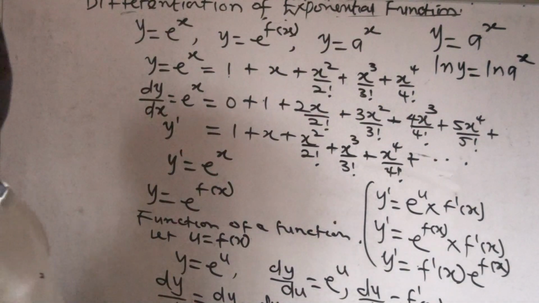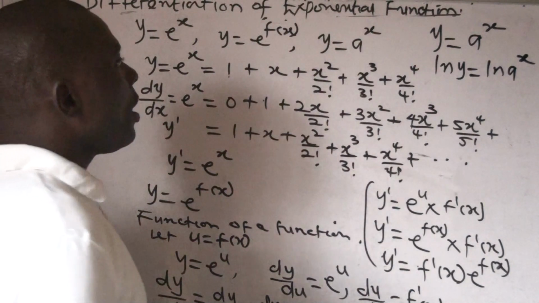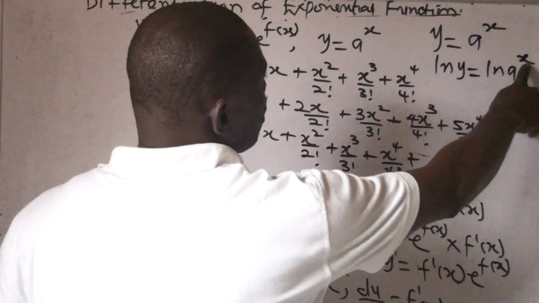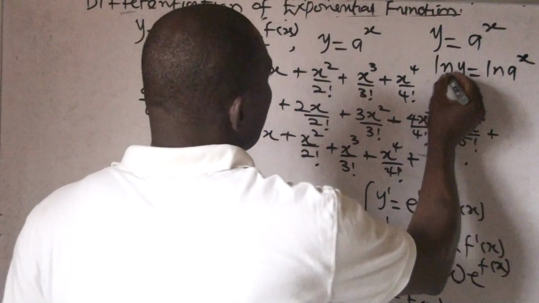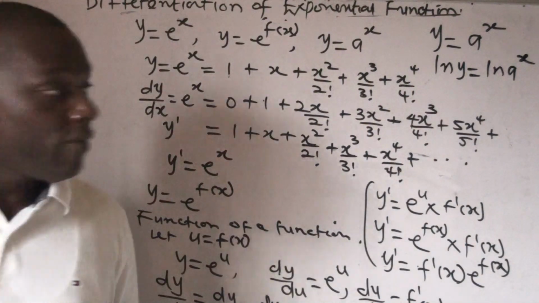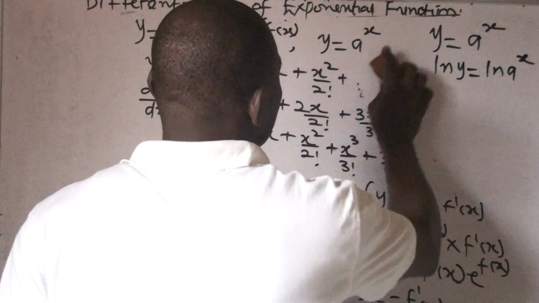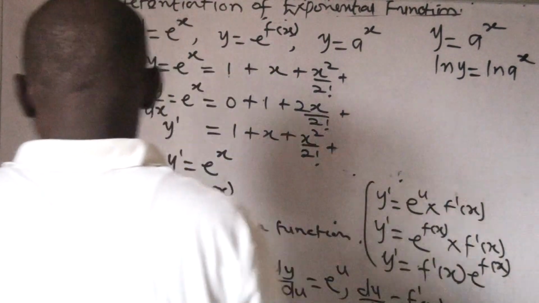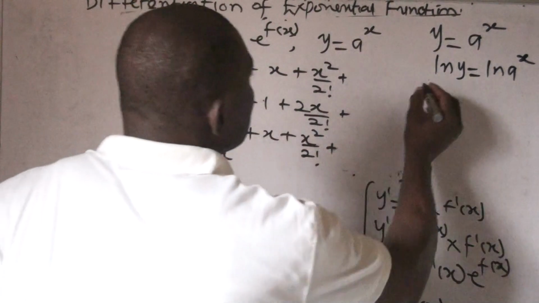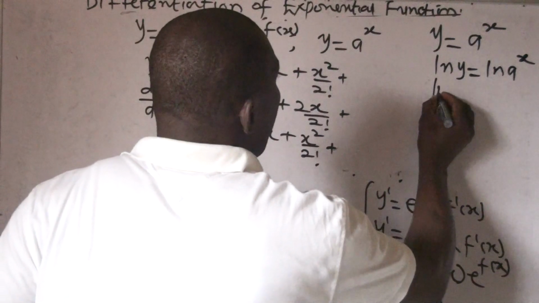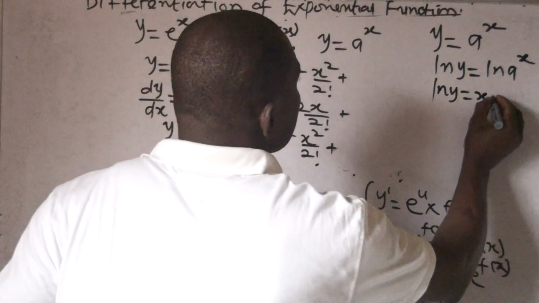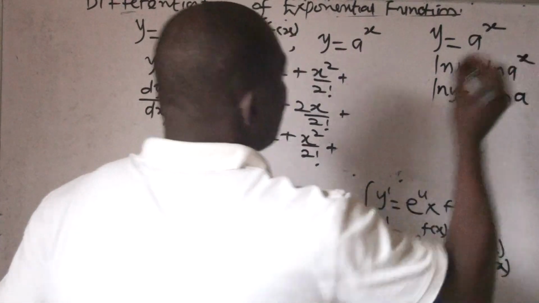Applying the appropriate laws of logarithm, x will move this way, so that we have ln y is equal to x ln a.